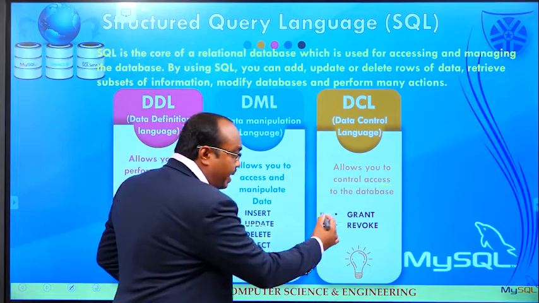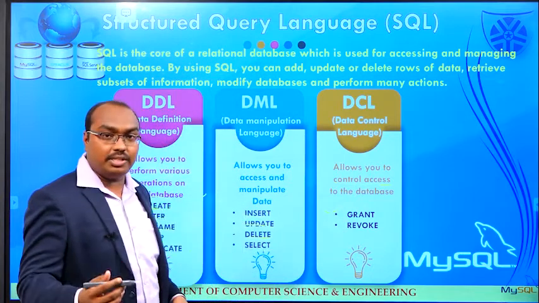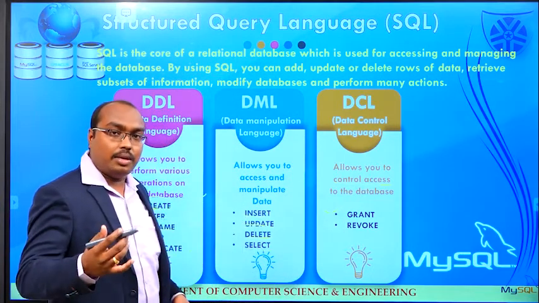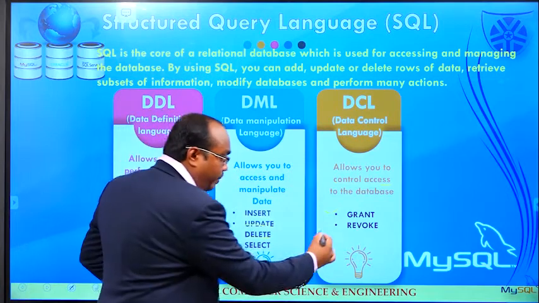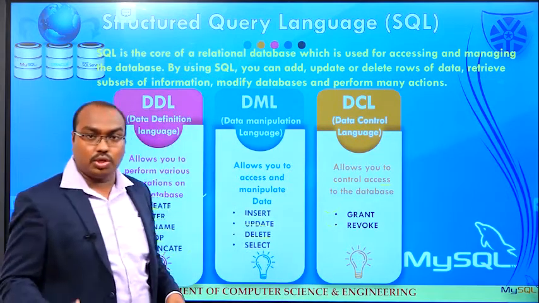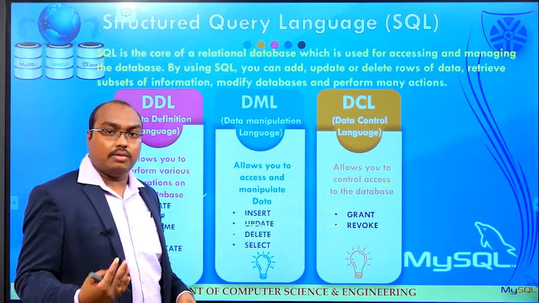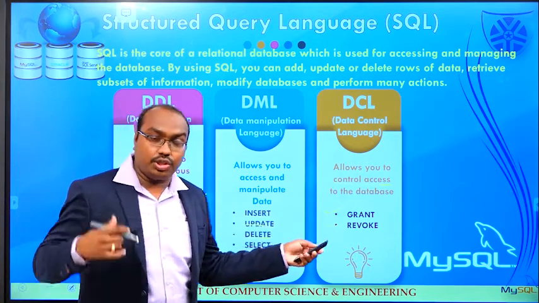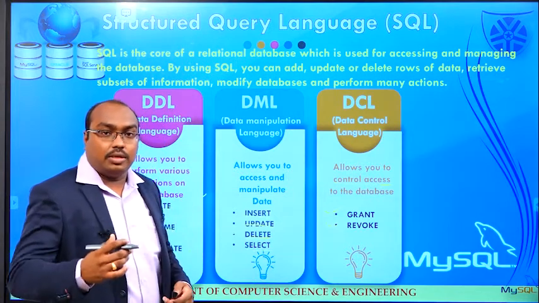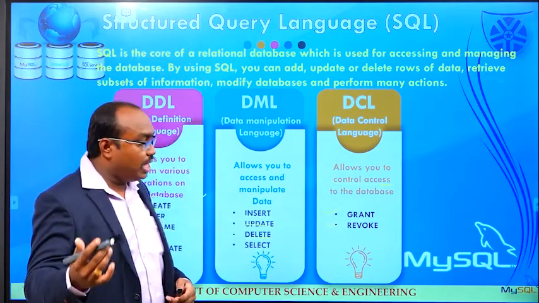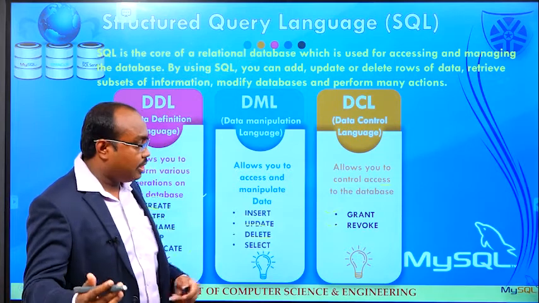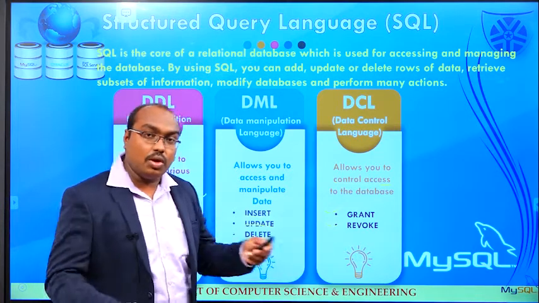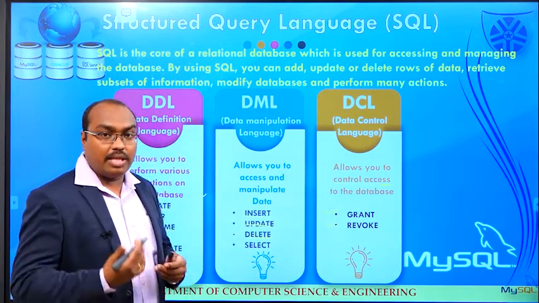The grant command is used to give permissions to the users or on a particular table. And the revoke command is used to get back the privileges from the users.